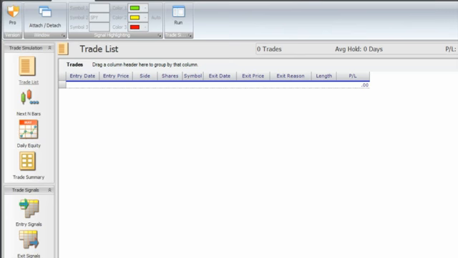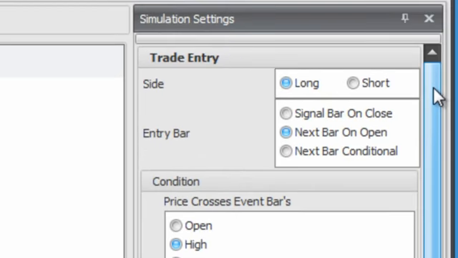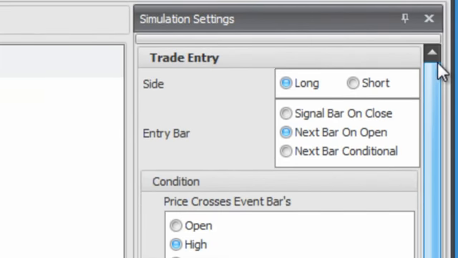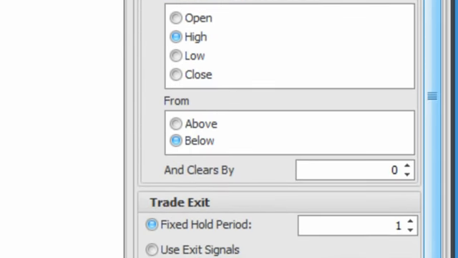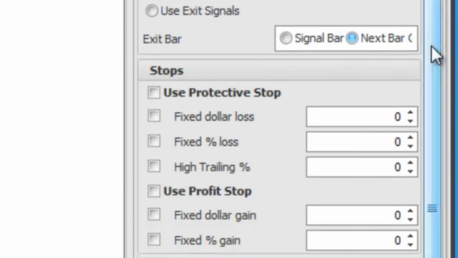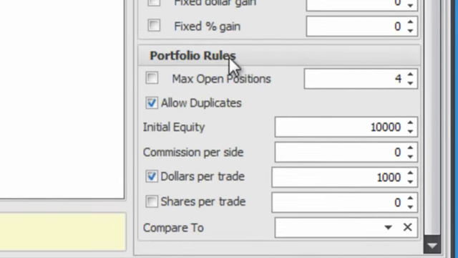You look on the right-hand side. You've got this set of properties, and this is really where you can play around with your trading rules. There's quite a lot that you can put in, and you also have now, and this is a big difference from version 3.5, portfolio rules, so that you can, for instance, limit the maximum number of positions that you're going to hold in your portfolio during the backtest.